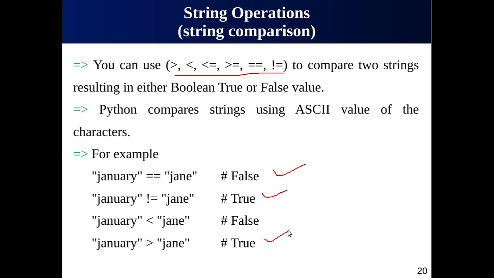The output is true. The comparison is based on the ASCII numbers. You can compare single characters just like this. A is equal to A. Or you can use more than one character string just like here. The output is going to be a Boolean value, either true or false. So string comparison is possible.